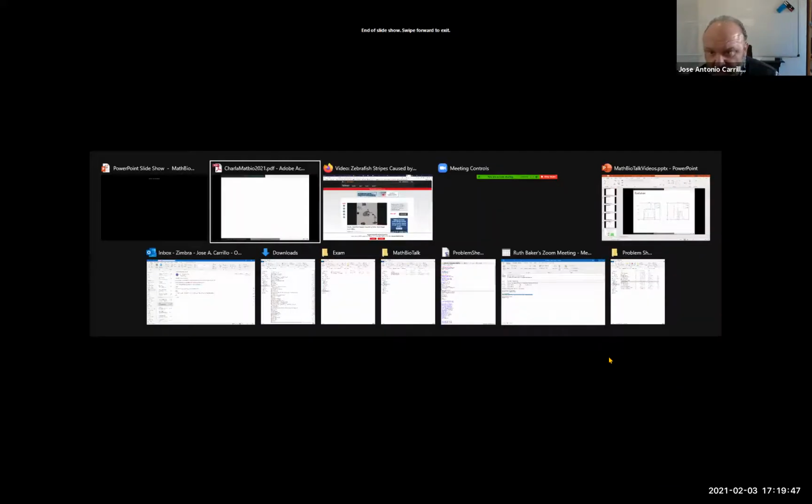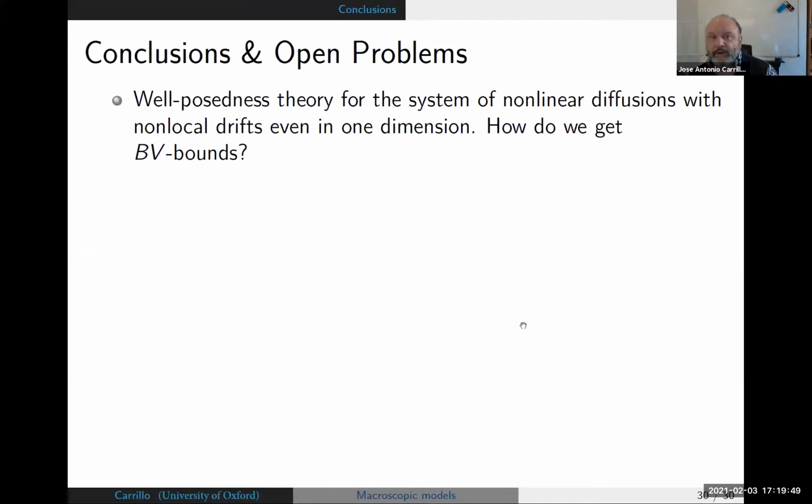And okay, let me go here, and then let me conclude. It's almost time. So, in fact, I didn't discuss that much the mathematical analysis part of some of the problems here, but let me just mention for those in the audience that are interested that one of the difficulties here, even in one dimension, for the system of nonlinear diffusion equations with non-local terms presented at the beginning, is how to get control on these sharp interfaces.